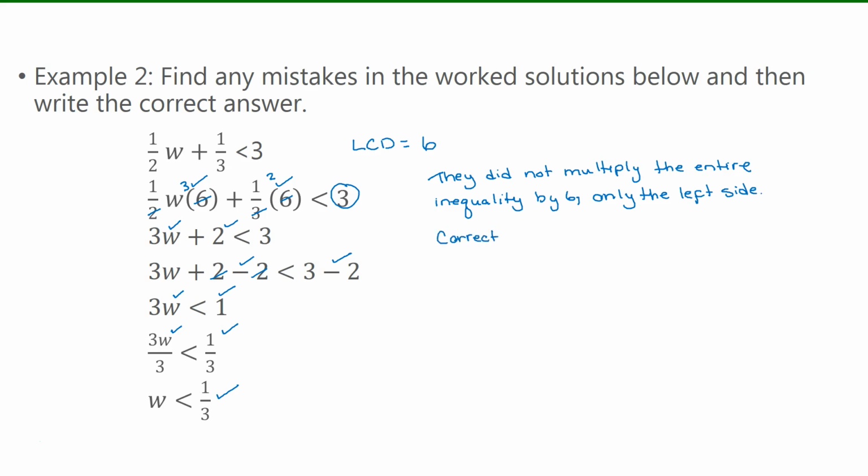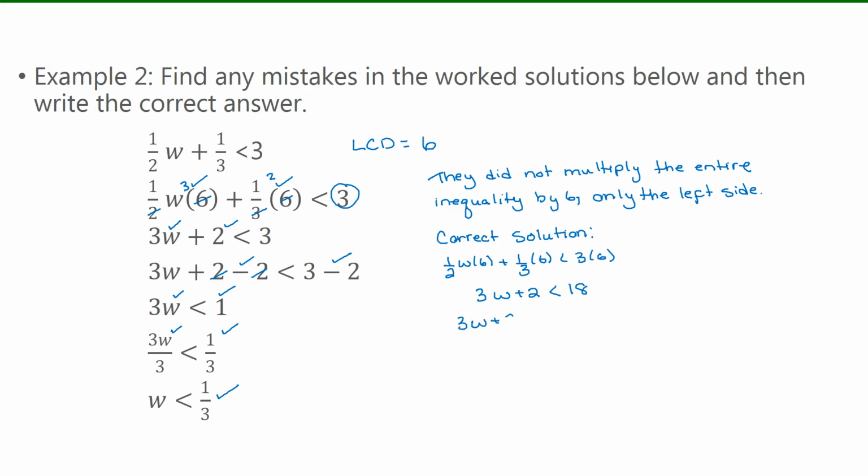So now we will write the correct solution. So we have 1/2 w times 6 plus 1/3 times 6 is less than 3 times 6. Now the left-hand side of the inequality was correct, so I'll write down 3w plus 2, but the right-hand side now becomes 18.